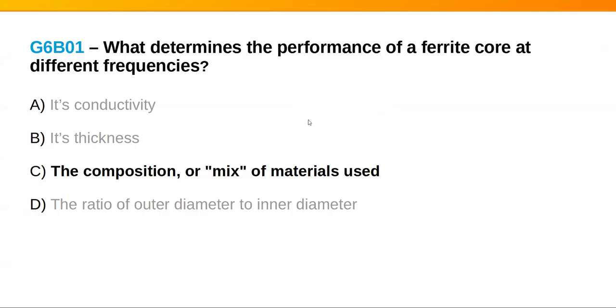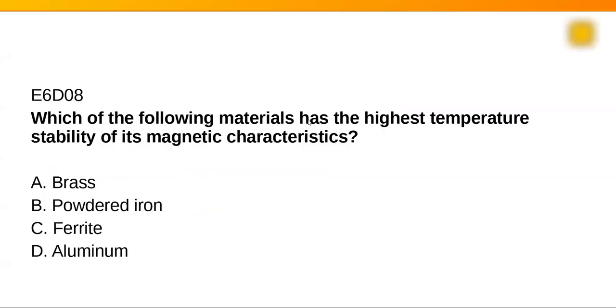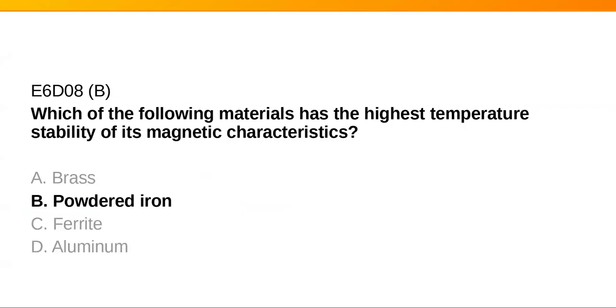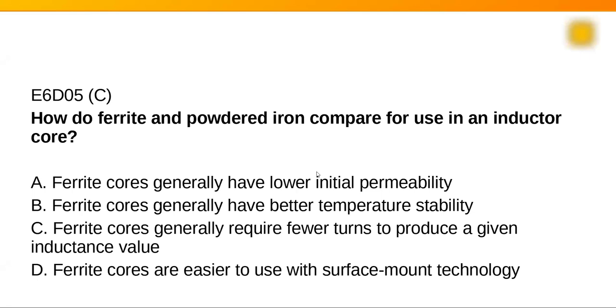The type of mix. Which of the following materials has the highest temperature stability of its magnetic characteristics? How do ferrite and powdered iron compare for use in an inductor core?